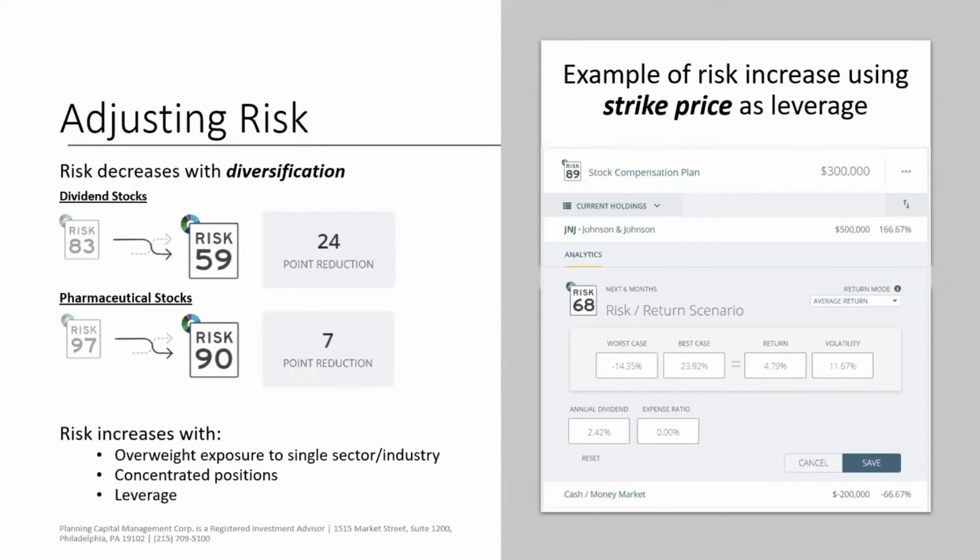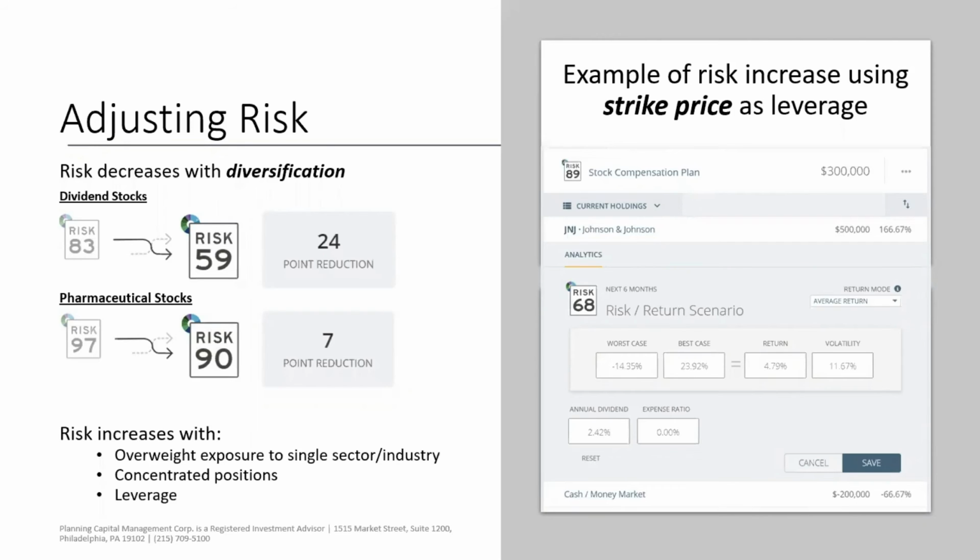The thing to realize is that when this is held in an option plan, think a non-qualified option plan, maybe an ISO, where there's a strike price, you can see at the bottom there's a negative cash position. We're using that to reflect a strike price. What it does is push up the risk of the stock. So it goes from a 68 to an 89, and your upside and downside goes to down 24%, up 40%.